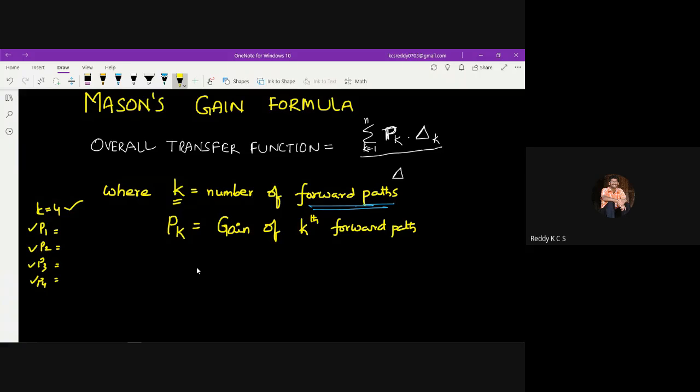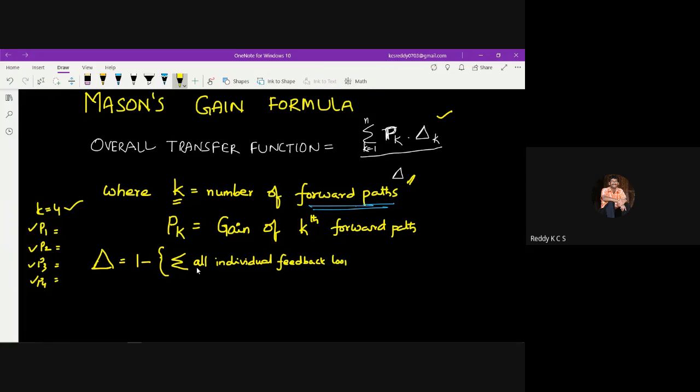Now we can write the del equation. One more parameter is del k, but before writing the del k value, I will first write the del equation. Del is very important. How do we write it? Del is 1 minus the summation of all individual feedback loops.